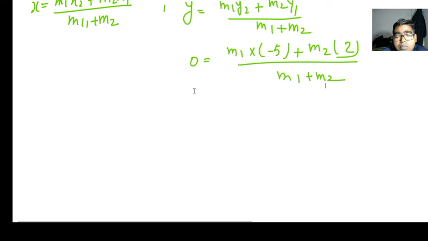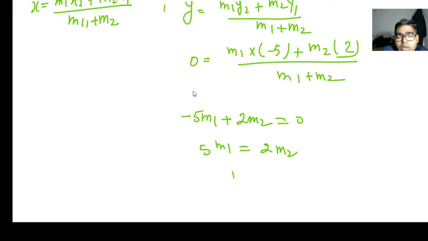Now multiply by the denominator, so 0 equals minus 5 m1 plus 2 m2, or 5 m1 equals 2 m2, and m1 upon m2 equals 2 by 5, right friends?